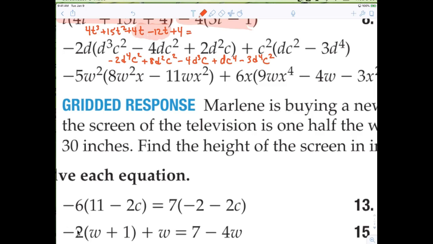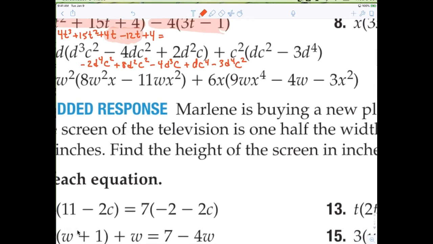All right, so now we have to be real careful. The only thing I can combine with d to the 4th and c squared is what? D to the 4th and what? c squared. So negative 3. Are we agreeing that those are the same?